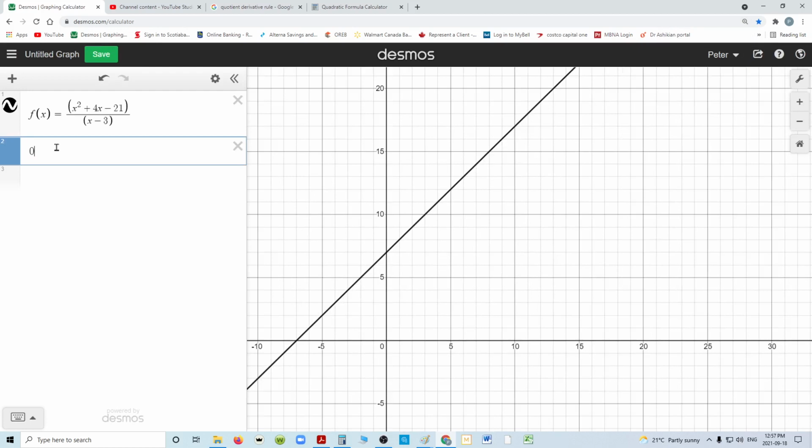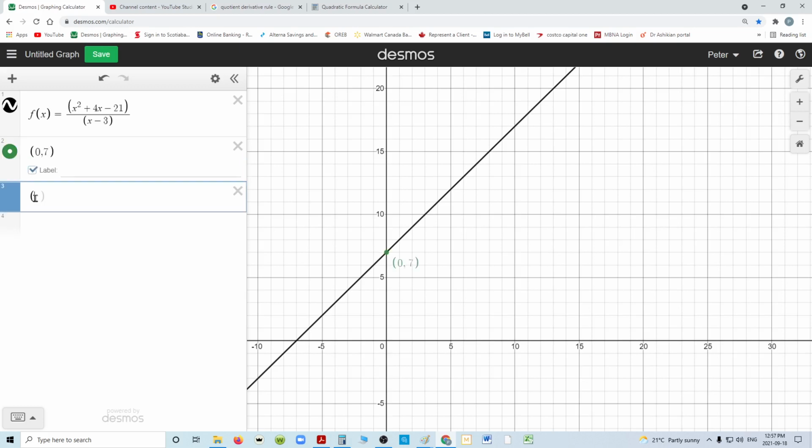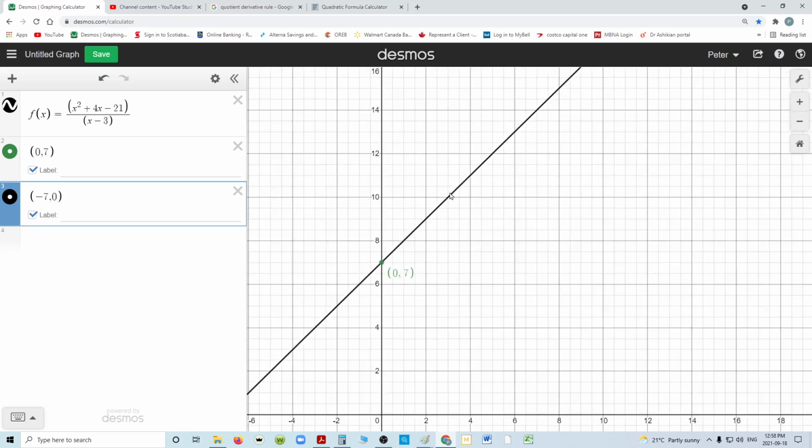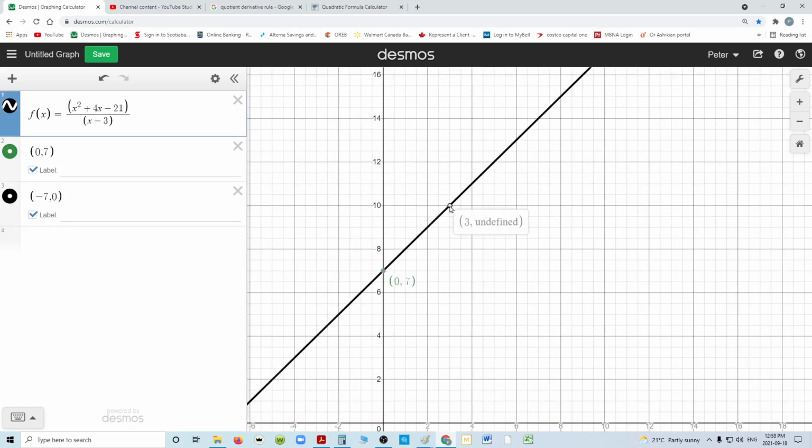I'm going to just do 0, 7. And 7, 0. Minus 7, 0. So that you can see the 2 points. And if we zoom in and go to 3, 10, we're going to see undefined because it creates a hole.